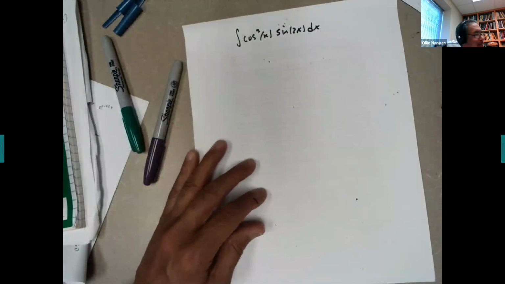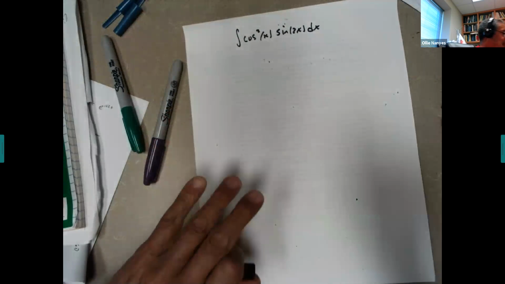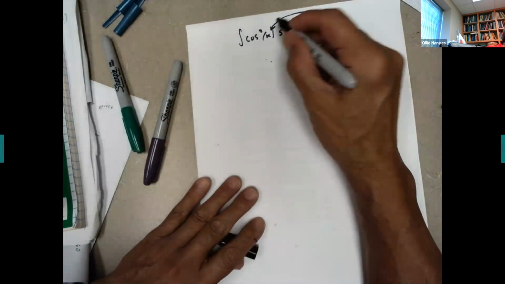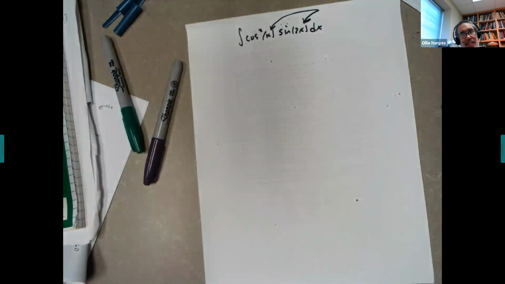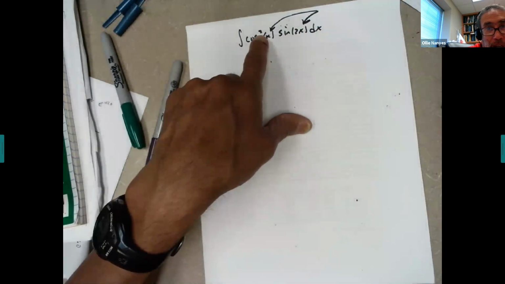Now this one might look tricky. What we notice is we have a 2x in the argument here. We only have a solitary x. Now there is an optional video about how to go about doing sines and cosines of different powers using angle addition formulas, but this is in fact a cosine squared.